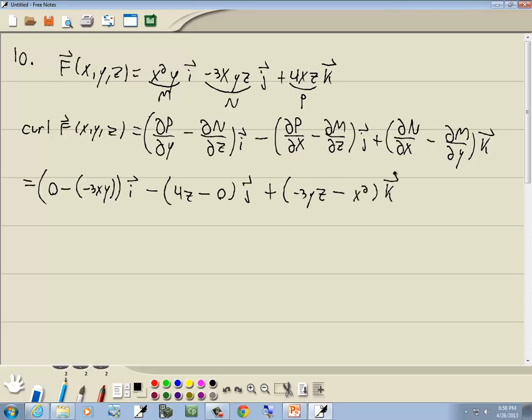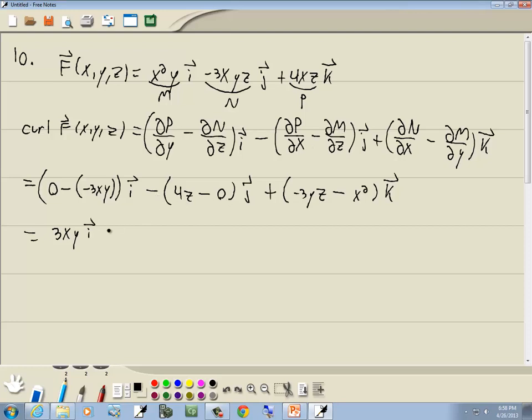Okay. And we double check all that now. Partial of p with respect to y is 0. Minus partial of n with respect to z would be negative 3xy. So that's negative negative gives us 3xy i. Okay. Partial of p with respect to x would give us 4z. Yeah. Minus partial of m with respect to z. There is no z, so that's 0.